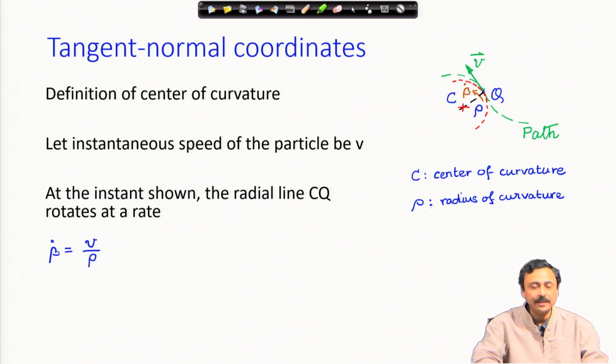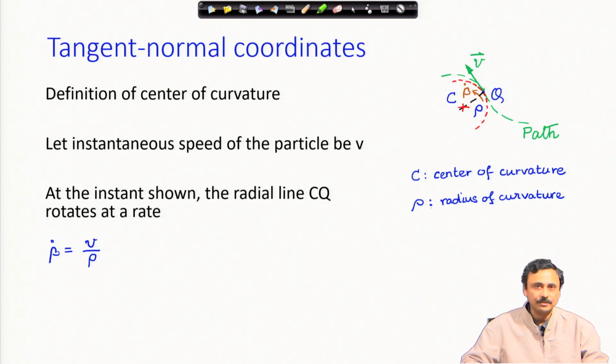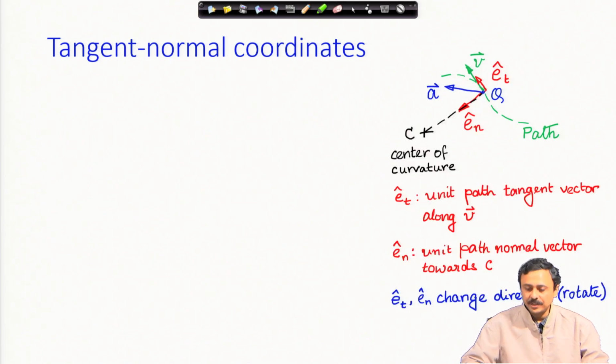I can represent the rate of rotation at that instant of time as beta dot. I have shown that beta dot on that figure, and beta dot is the speed divided by the radius of curvature. So, that is the rate of change of the angle that the line makes. Okay, with that definition, now let us come to this figure.